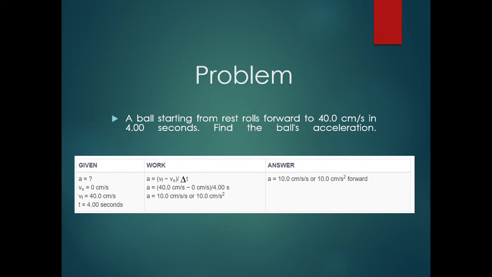This is something very important. If you don't write centimeters per second squared, then your answer will be wrong. All right? Now let's analyze our answer. So our acceleration will be 10.0 centimeters per second squared forward. Remember, we need that vector. We need to know in what direction the acceleration is going.